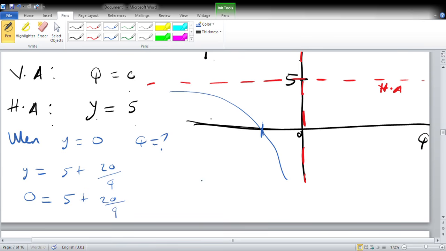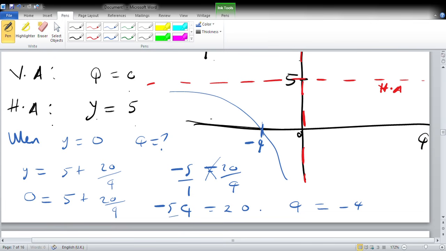This can go to the other side, becomes negative 5 to be equals to 20 over q. And when we do the bad manners of cross multiplication, this will be negative 5q is equals to 20. And when we divide both sides by negative 5, the value of q becomes negative 4. So there needs to be negative 4 there.